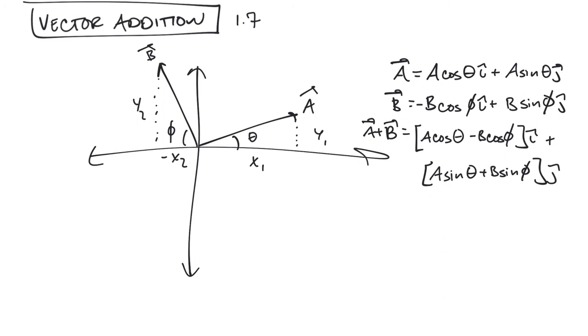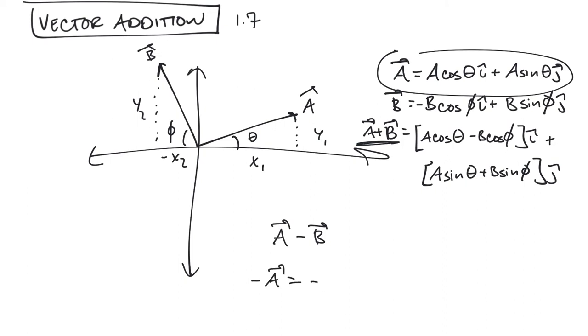Okay, my last little bit before we're basically done with vector methods here is negative vectors. If you were going to, for example, subtract, say A minus B, when you are subtracting or taking the negative of a vector, you simply distribute a negative to all its components. So for example, for this one up here, negative A would just be negative A cosine theta i minus A sine theta j.